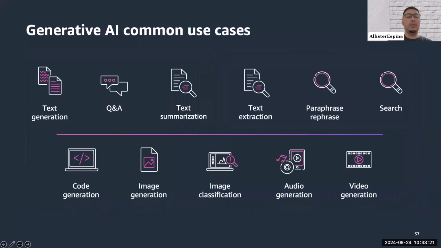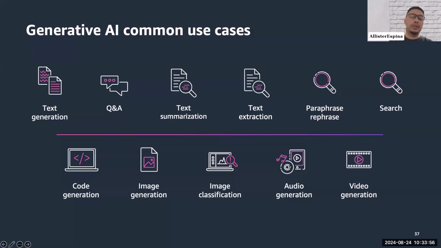So some of the common use cases: text generation, that's one. With just a prompt, and by the way, there's a new skill that is very related to generative AI, and that's prompt engineering. You have to be good at writing your prompts for you to get a good result or a good response from the foundation model or the large language model.